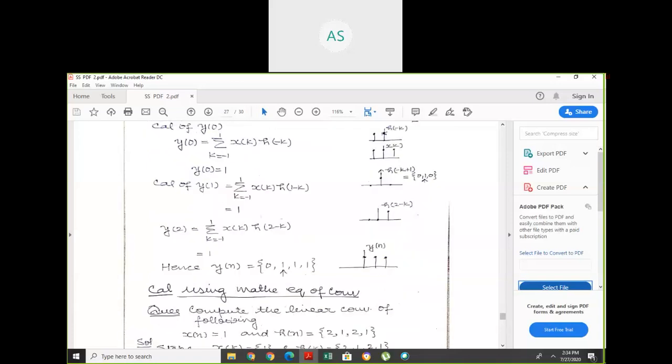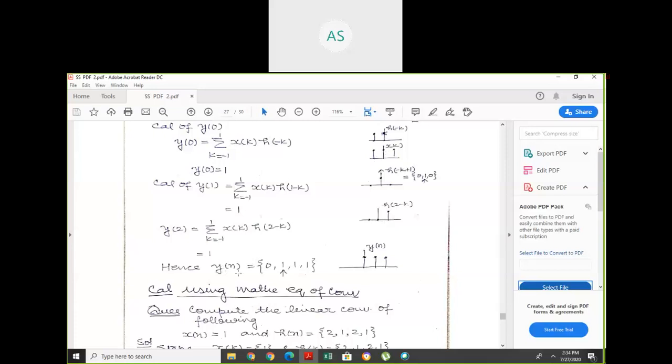Similarly, y of 2 is given by this, and h of 2 minus k is this. If we multiply this with this equation, we get 1.